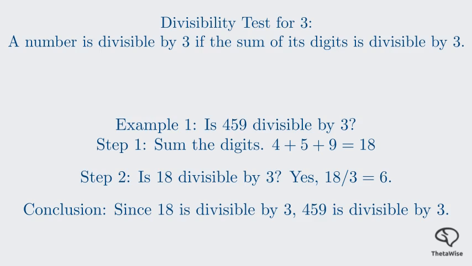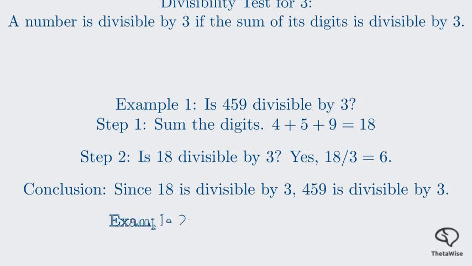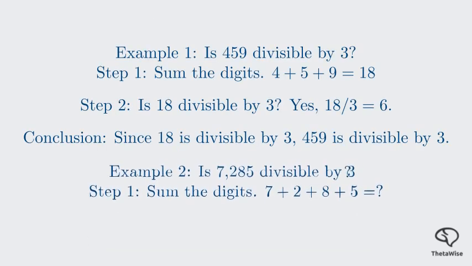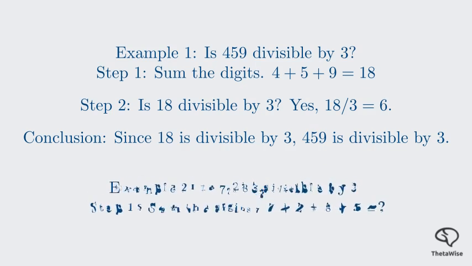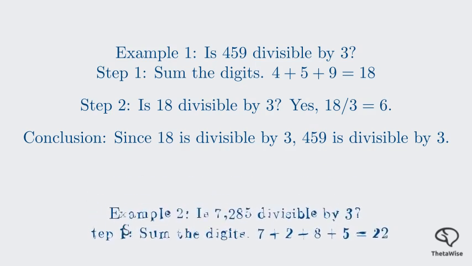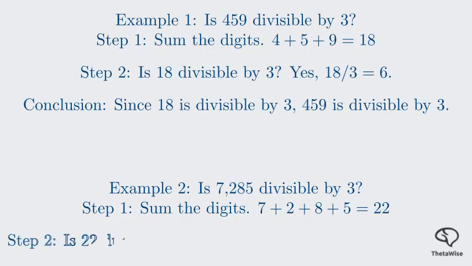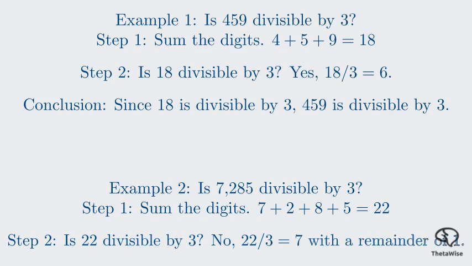Let's try another one. Is 7,285 divisible by 3? Again, we sum the digits. 7 plus 2 plus 8 plus 5. 7 plus 2 is 9. 9 plus 8 is 17. And 17 plus 5 is 22. The sum is 22. Now, is 22 divisible by 3? No, it's not. 22 divided by 3 gives a remainder.